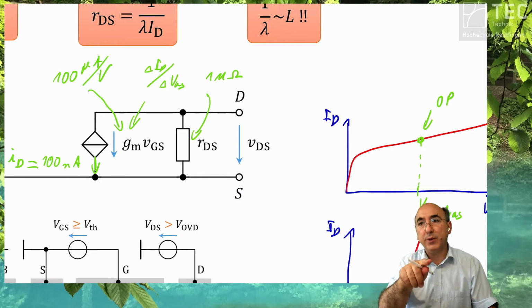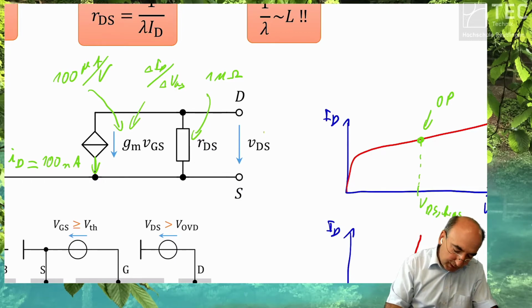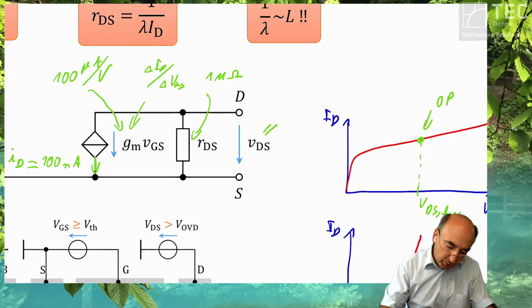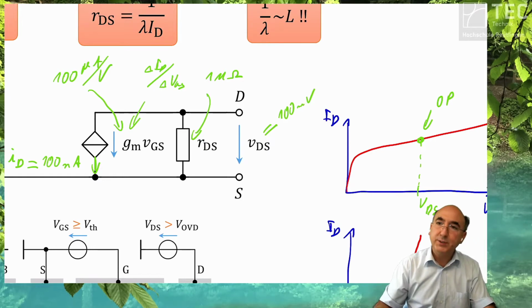That's true in integrated circuits. Then your VDS is 1 megaohm times 100 nanoampere, which is 100 millivolt. Is that true?